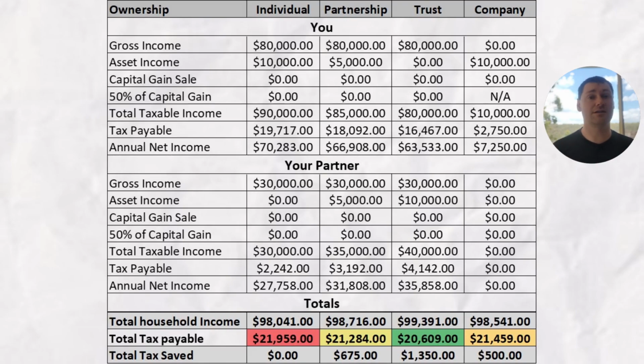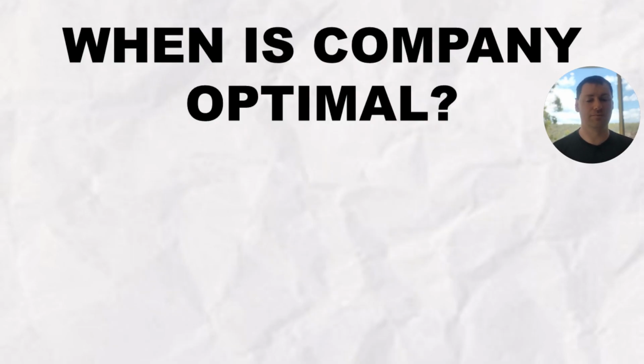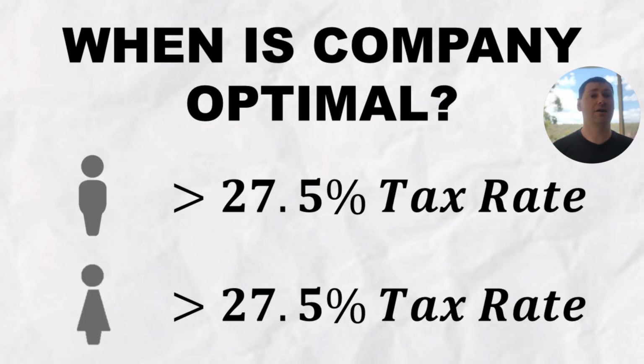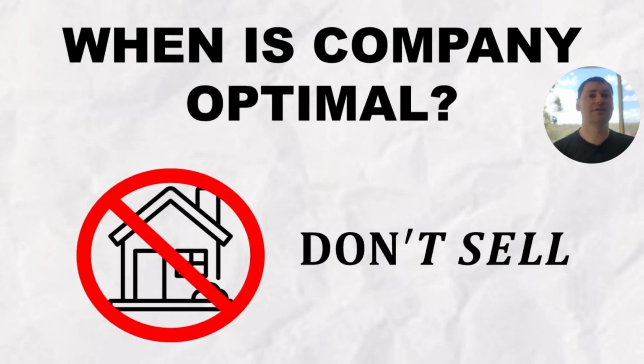Having seen the 3 examples, you've noticed that in all of them, companies have not been the most effective method for reducing tax. But when is a company optimal? A company becomes extremely optimal when the individuals in that partnership have a tax rate higher than 27.5%. And you do not sell the property.